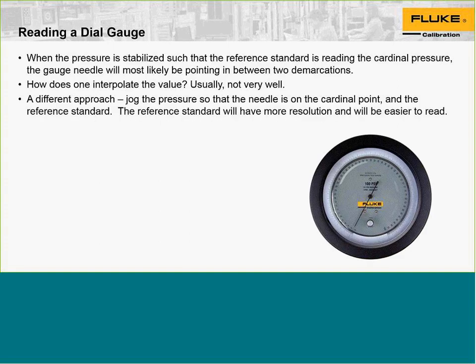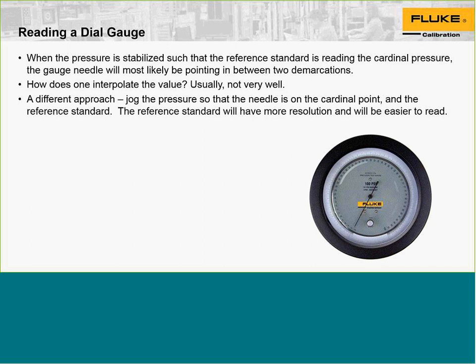Even on one with a very large diameter or large face, the pressure applied to the dial gauge changes the shape of the elastic element, and that moves the pointer on the face, pointing to the different numbers on the face of the gauge. It's limited by your ability to observe what pressure the pointer is pointing to. Easy sometimes, but it can also be very difficult. And for an untrained eye, it can be difficult to get good repeatability in this.